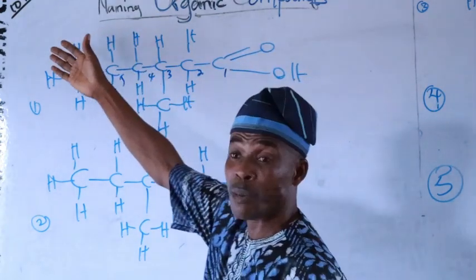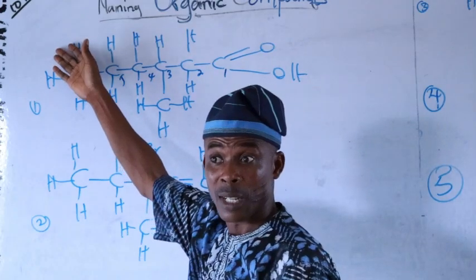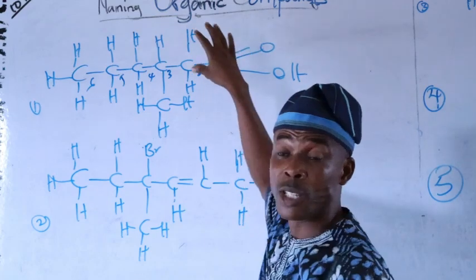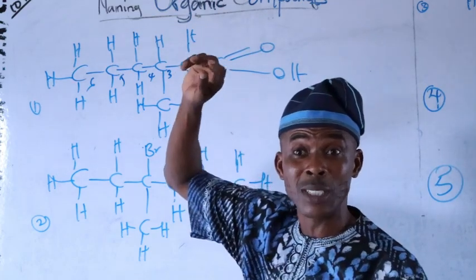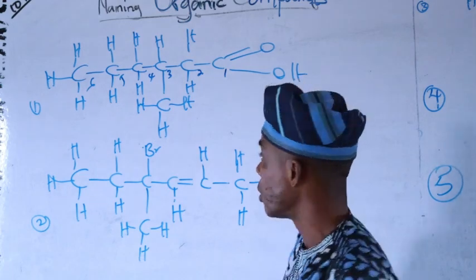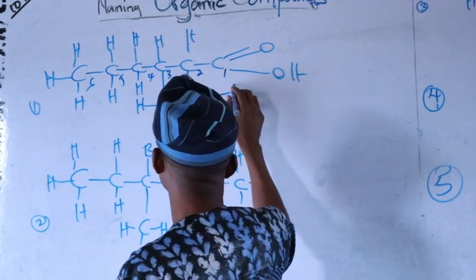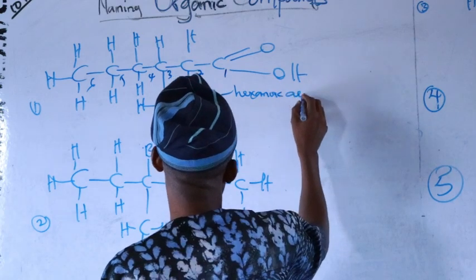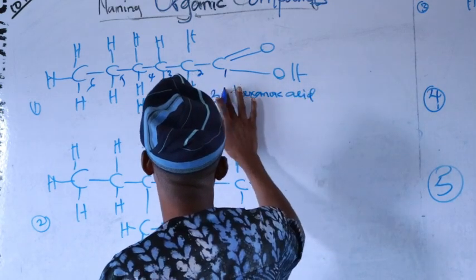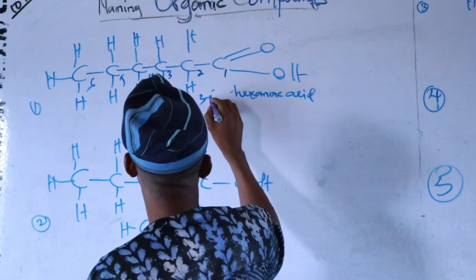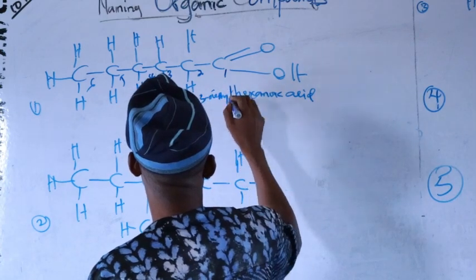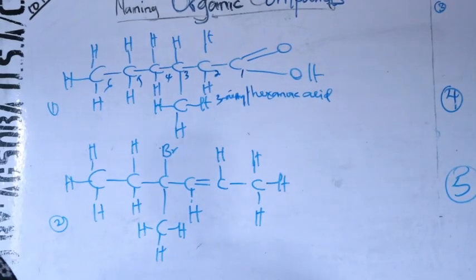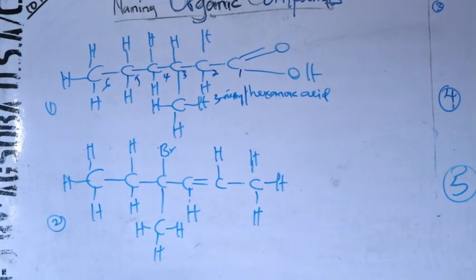You cannot start the numbering here. This functional group is always at the first carbon atom. So it is not necessary for you to tell us 1-oic. No. So the name of the compound is 3-methylhexanoic acid.